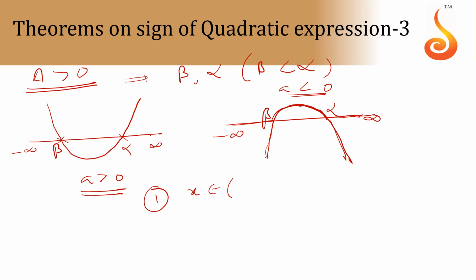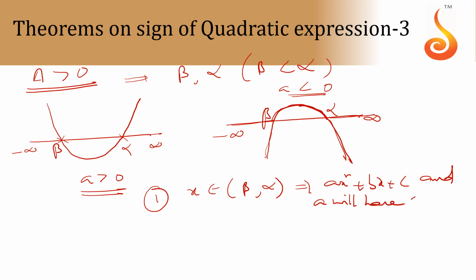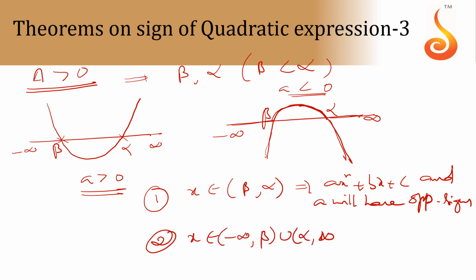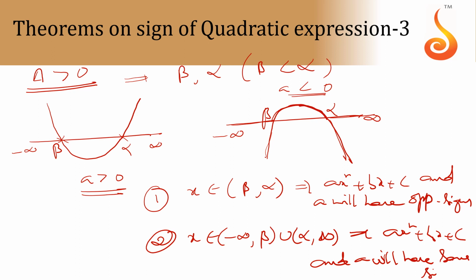When x is in between the roots, beta and alpha, ax square plus bx plus c and a will have opposite signs. When x is from minus infinity to beta, union alpha to infinity, ax square plus bx plus c and a will have the same sign.